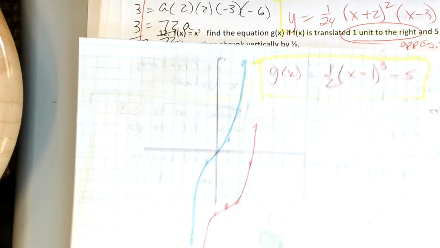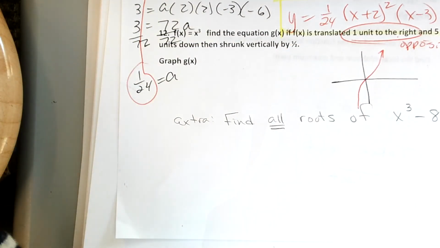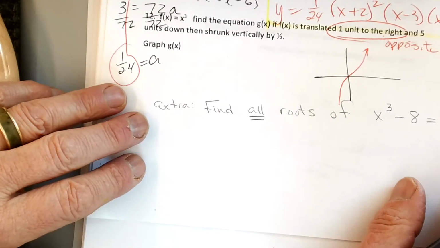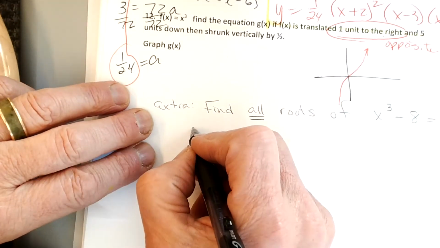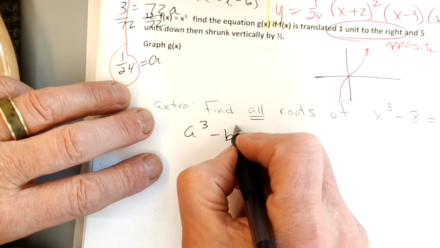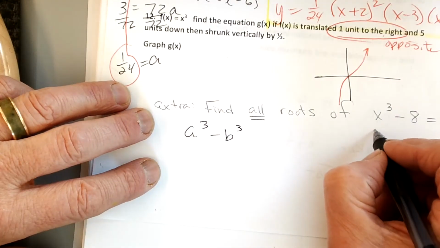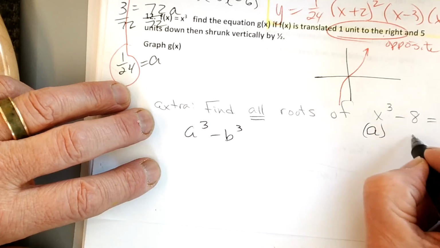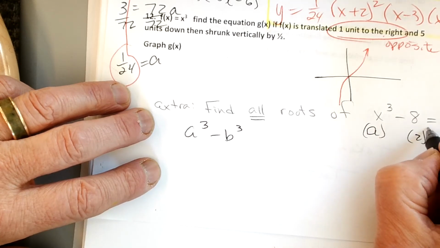All right. And then on the extra, the big thing on the extra is you have to use this formula, that a cubed minus b cubed, where a is my x and b is my 2.